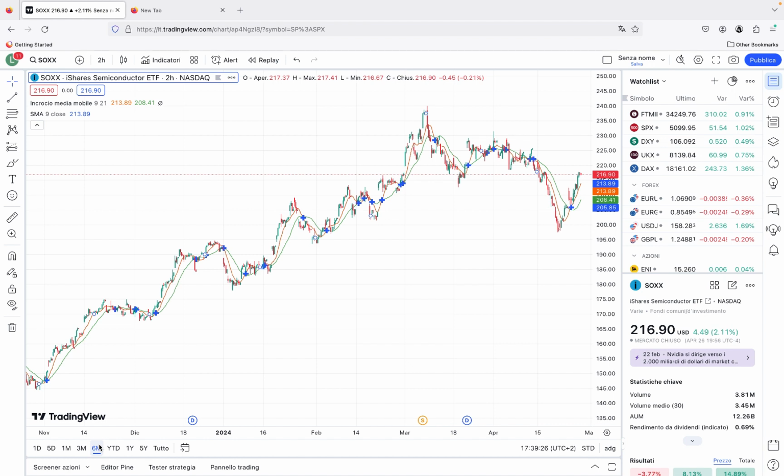So identify trends. Okay, and another piece of advice: keep things simple. The simpler the better. Okay, you don't need 20 indicators, 20 studies analyzing 20 different angles to make an investment. This is one extreme.